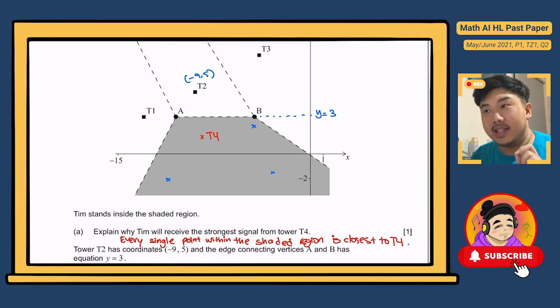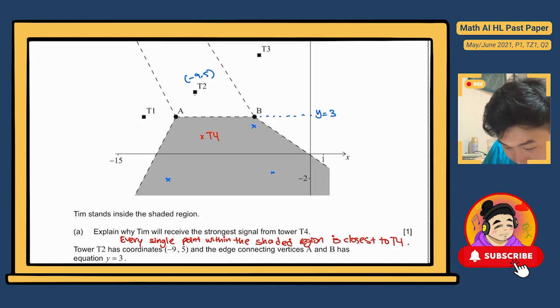Because it is a horizontal line that separates them, it's actually very easy for us to find T4. All we have to do is calculate the vertical distance between T2 and AB, which is 5 minus 3 equals 2, and we do the same one more time going down, meaning that the y value would be 1.